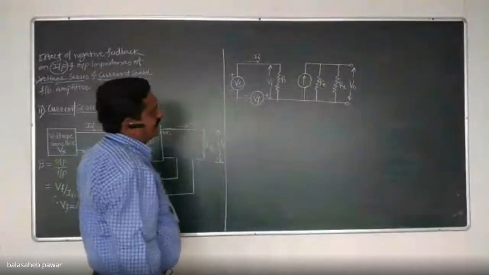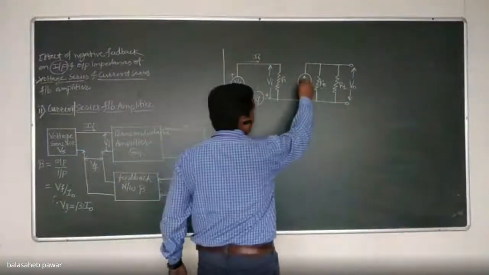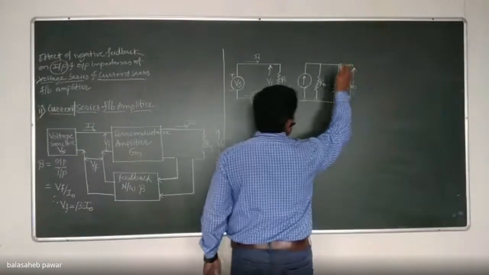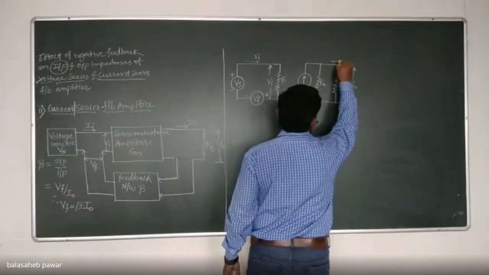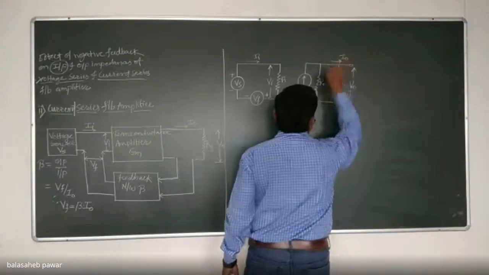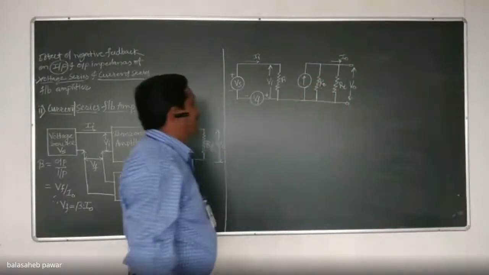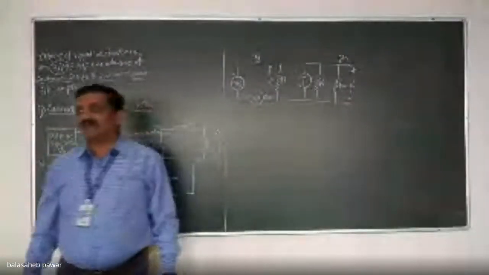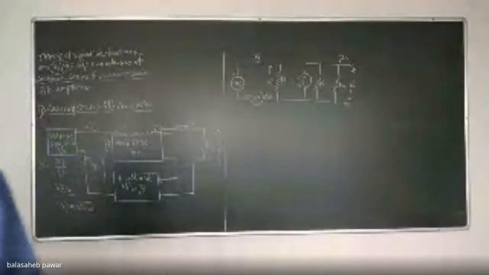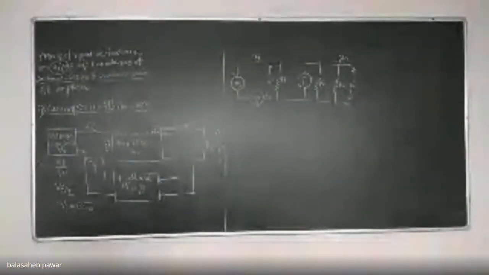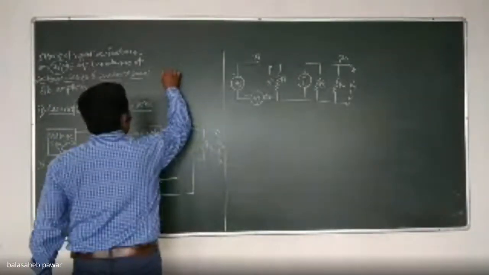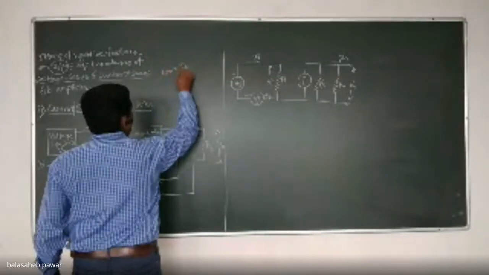Is it clear? Now, how much will be this current source, in terms of its transfer gain? Just try to define how much will be GM. GM equals IO by VI.